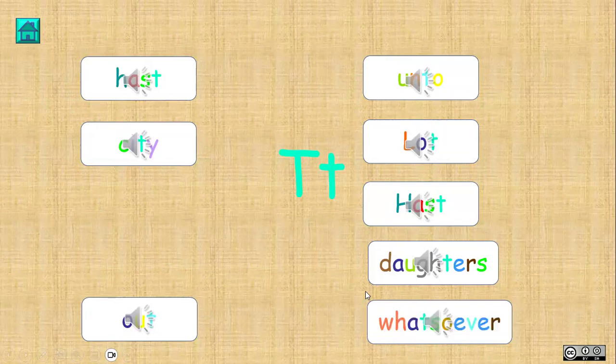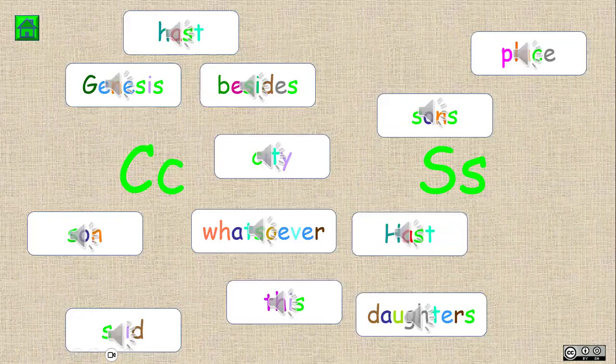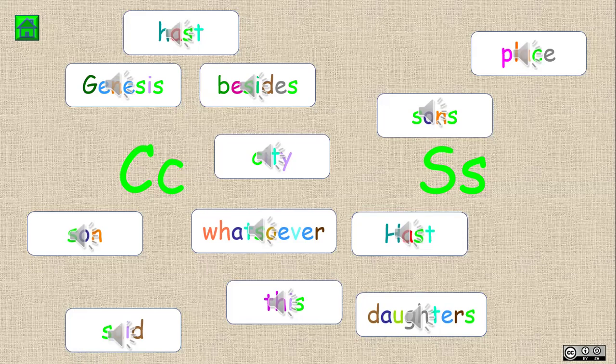You hear the s sound in all of those. You should hear the s sound in all of these words, whether it's an S or a C, or a C or an S. Doesn't make any difference. It makes the same sound.